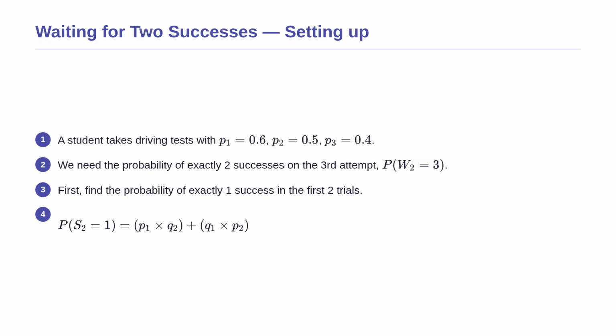This means the student must get exactly one success in the first two trials and then succeed on the third trial. We will first calculate the chance of getting exactly one success in the first two trials. This formula represents the two possible ways this can happen: passing the first and failing the second, or failing the first and passing the second.